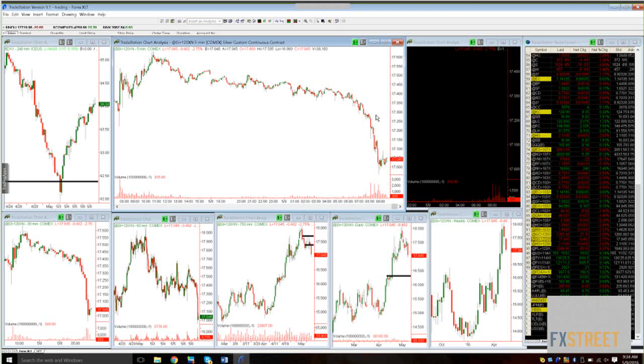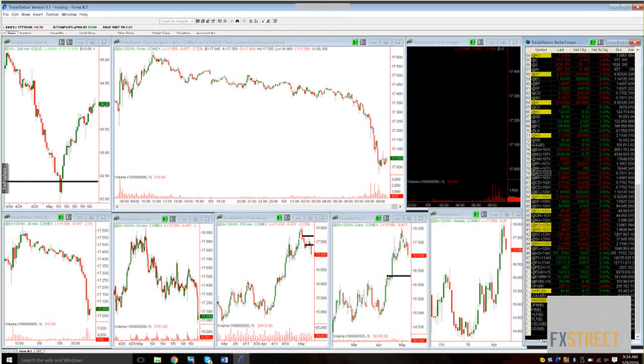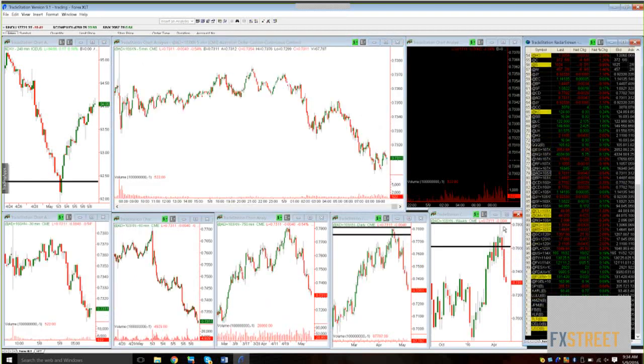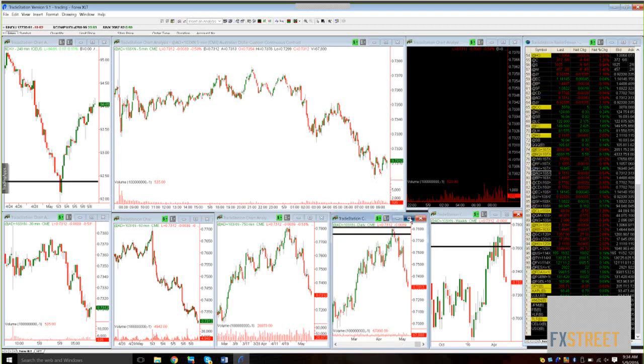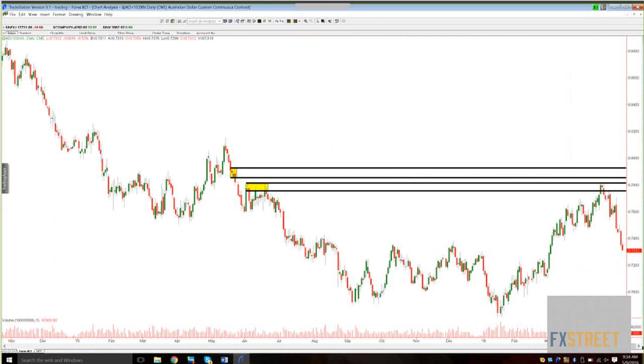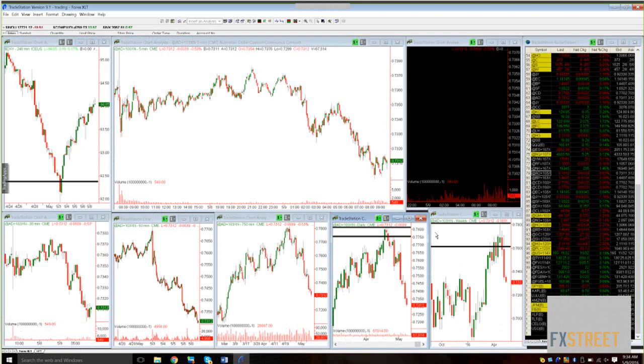Next market, or I can go to one of the ones on my list. Here's one. We've been looking at this one for months in FX Street. So I'm curious who actually took this trade, and if what we go over you guys are actually using. Remember the Aussie dollar weekly? Yeah, remember this one?